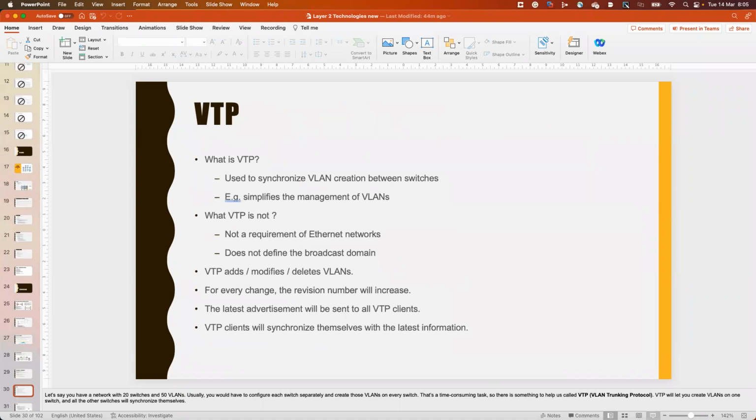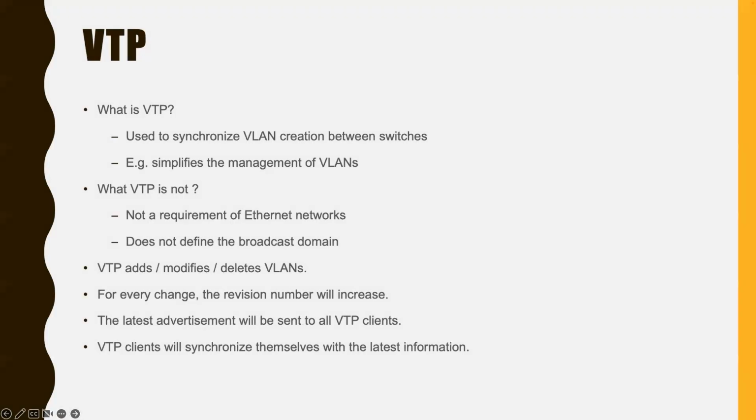Let me put it into slide share mode. So VTP is VLAN Trunking Protocol. For example, let's say within your network, you have 20 switches in all, and as per your network design, you require them to separate your traffic into around 50 VLANs.